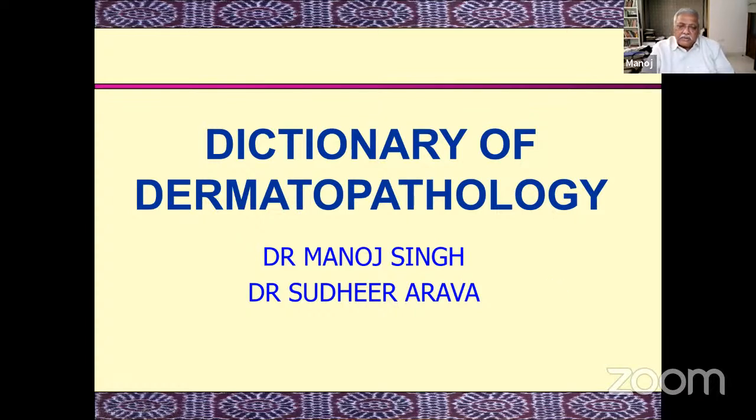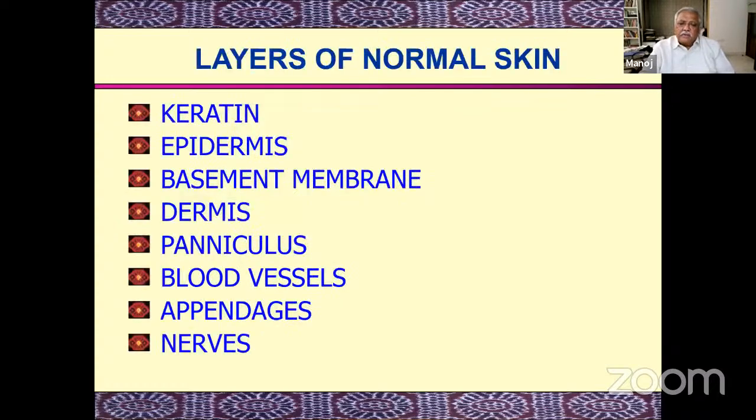So as far as dermatopathology is concerned, let us look at the essential structure of the skin. Now, this itself becomes a very scary thing if you start listing out that the normal skin has got 8 components. Actually, it has several more, but these are the 8 major components.